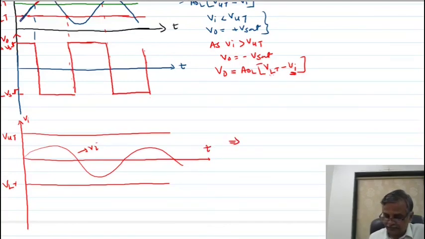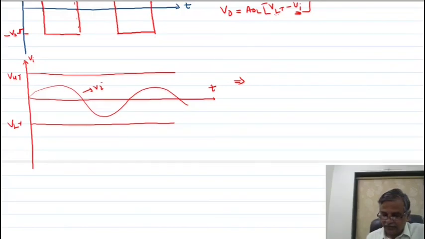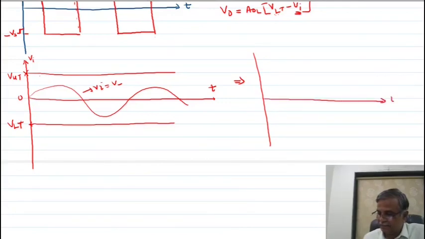Look here. If your upper threshold voltage level is at this point, lower threshold voltage is this point, and this is your input signal, then my output will be like this.